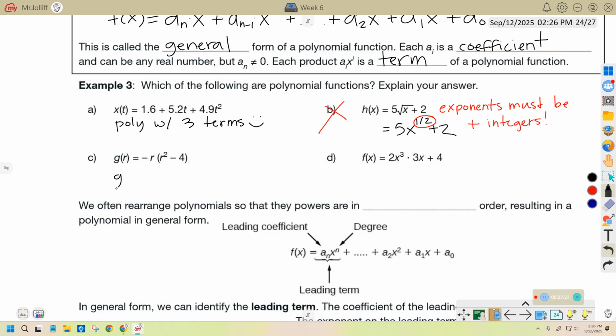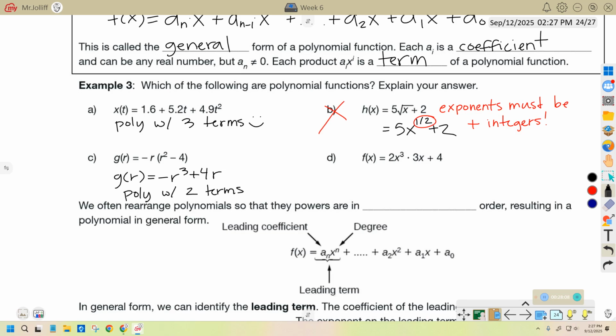If I distribute that negative r, I get this. Assuming I did that distribution correctly, does that look more like a polynomial? Yeah. So this is a polynomial with 2 terms, negative r to the 3rd and positive 4r. Very good. Last one.